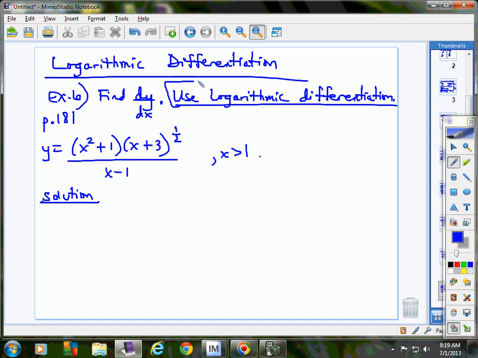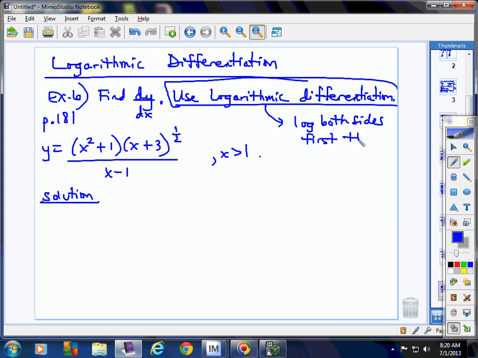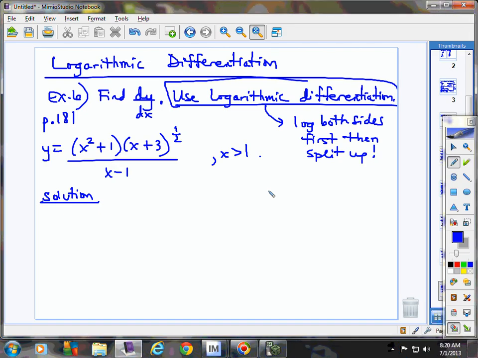All right, the book says use logarithmic differentiation. All that means is log both sides first, then rewrite and split up. Now, what we're doing right now is not calculus. What I'm doing on this first step under solution is chapter 1, like your 1.6 homework that was due today.